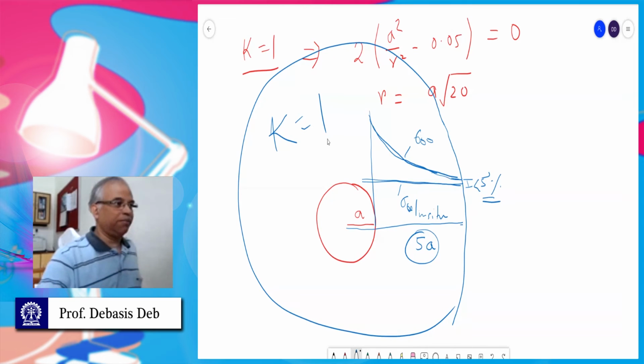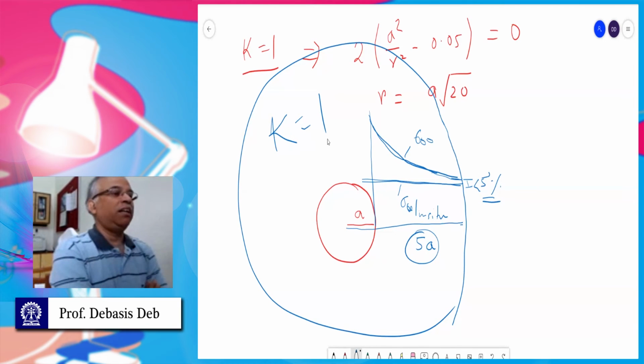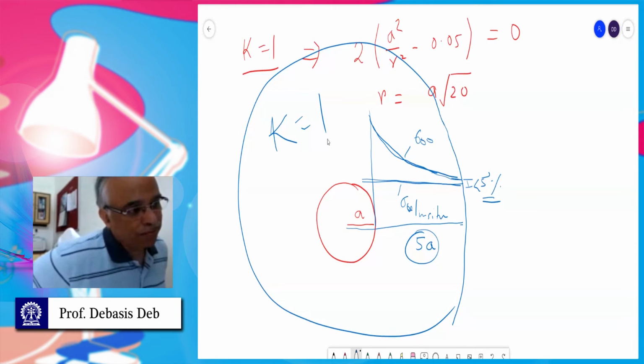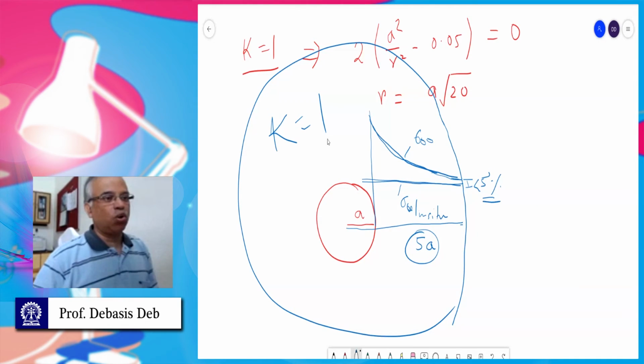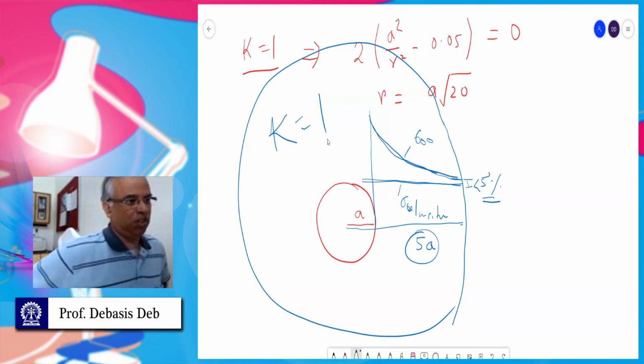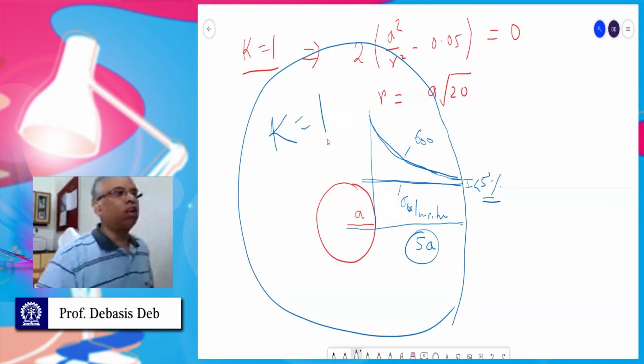Okay, so this is for k equals to 1, remember that. For k equals to 1, if I go about 5 times the radius, then we are already close to the in situ. So this is the disturbed zone, or what we call the influence zone.